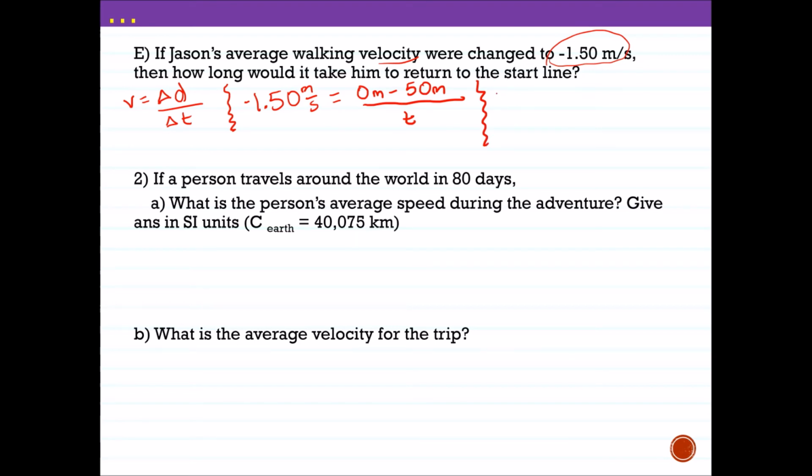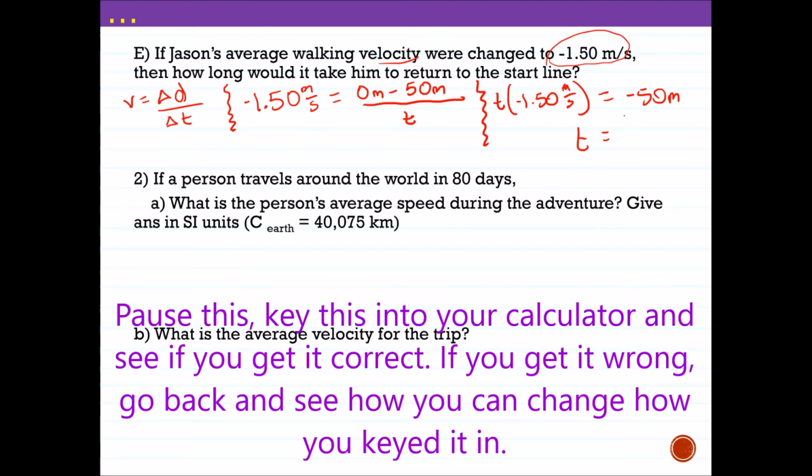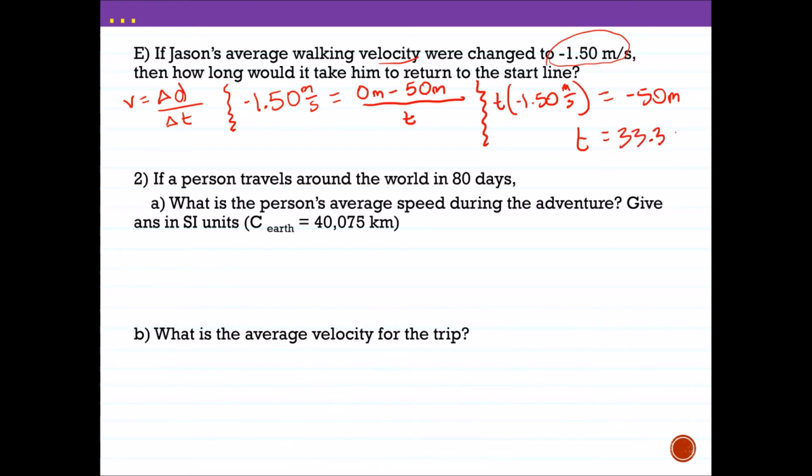Multiply by t on both sides, and then divide by negative 1.50 on both sides. So negative 50 divided by negative 1.50 gives us 33.3 seconds. So it took him a shorter amount of time because he was going faster.